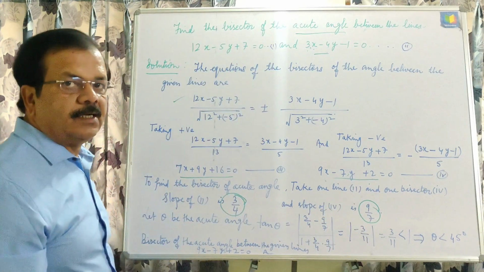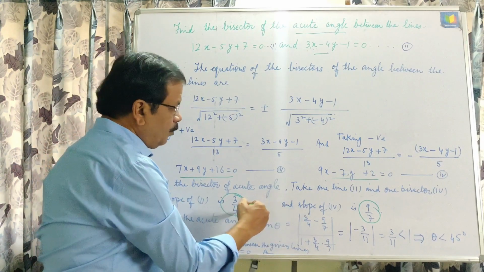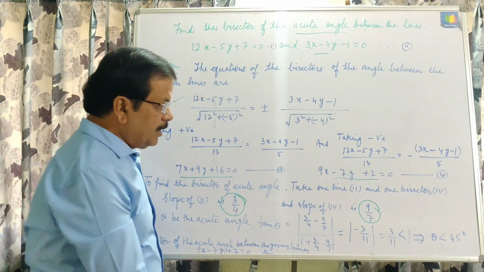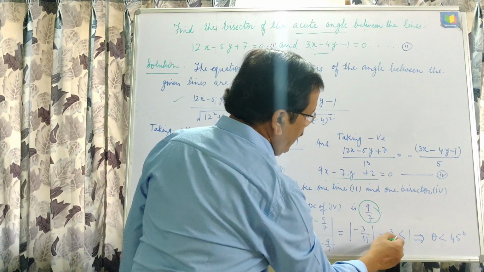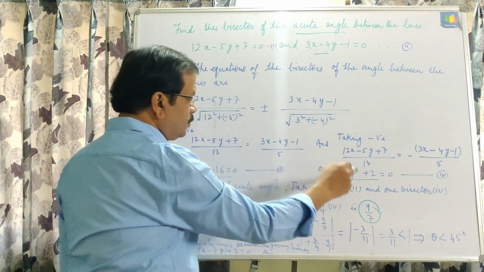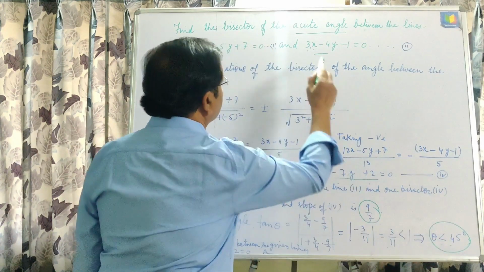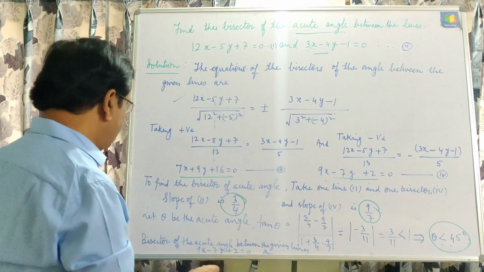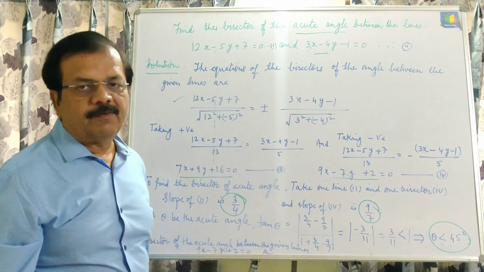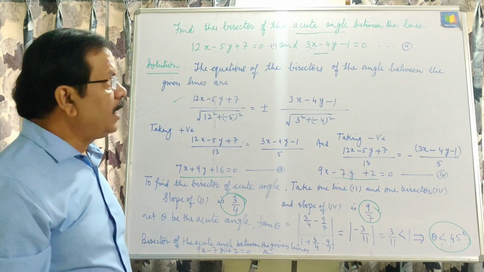Then find the angle: tan theta is equal to m1 minus m2 upon 1 plus m1 m2, which is coming 3 upon 11, and that is less than 1. And so the angle between these two is less than 45 degree, and then this is the acute angle. And so this bisector will be taken: 9x minus 7y plus 2 is equal to 0 is the correct one.